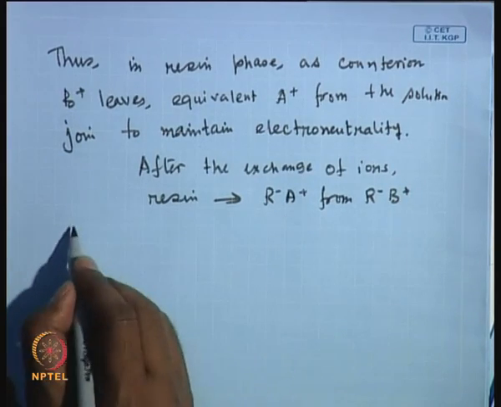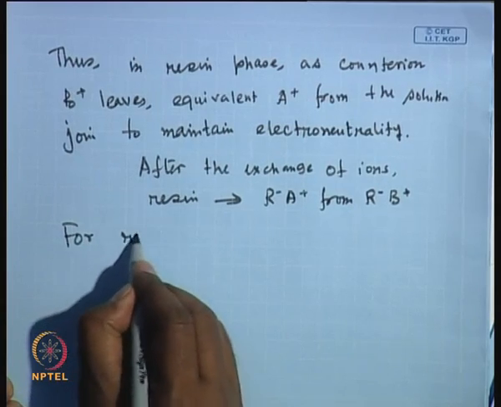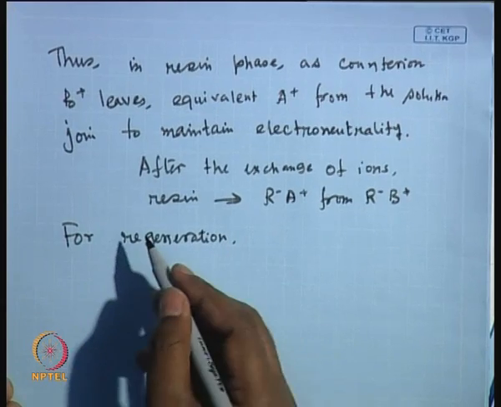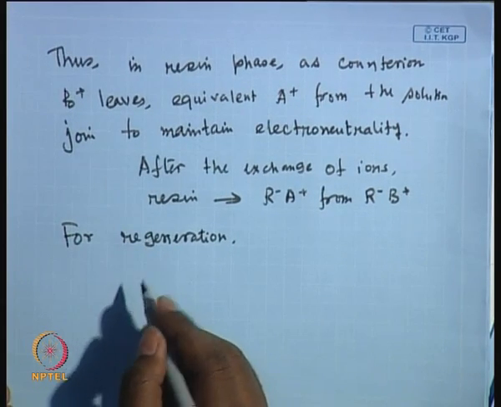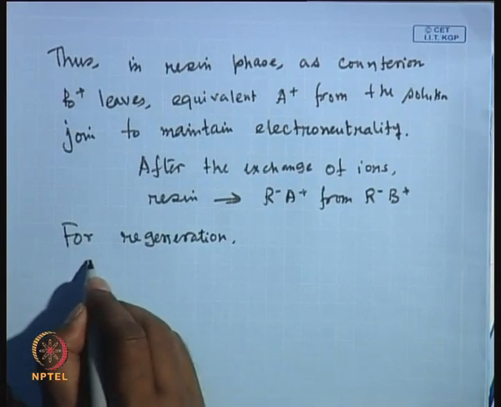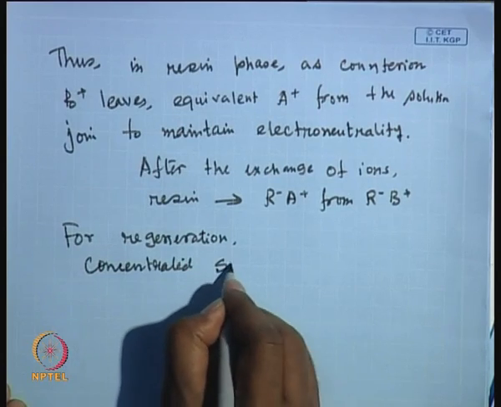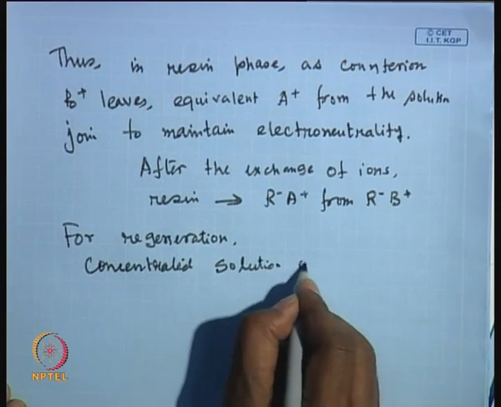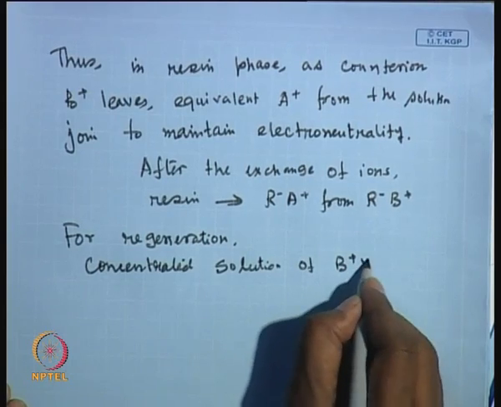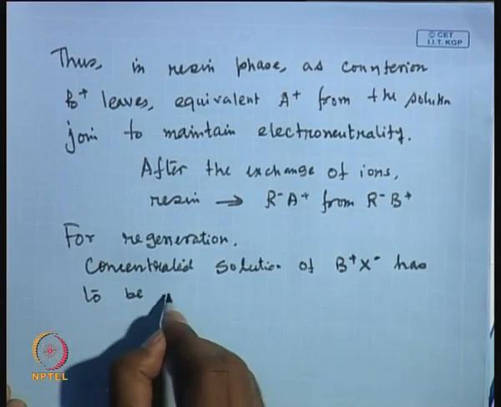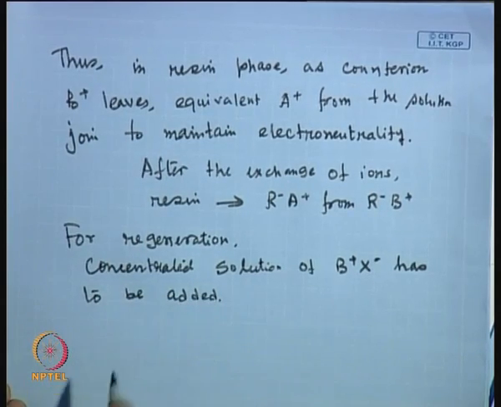And to regenerate the resin, a concentrated solution of B plus X minus has to be added to the column.